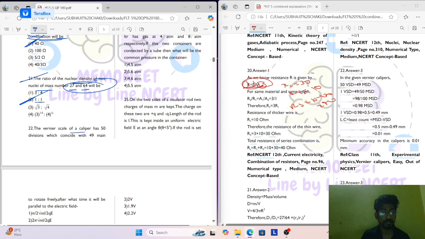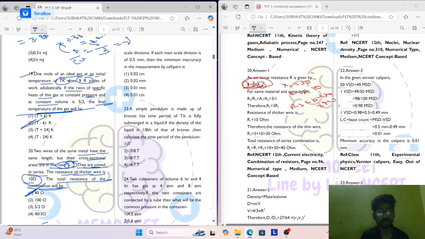In the vernier scale of a caliper, 49 MSD equals 50 VSD. Okay, 1 VSD will be equal to what? 49 by 50 MSD, right? So you have to calculate the LC here. Most of the questions you have to calculate the LC only.